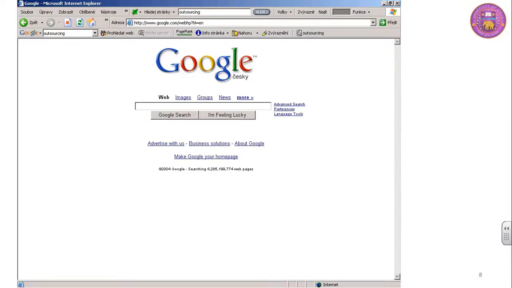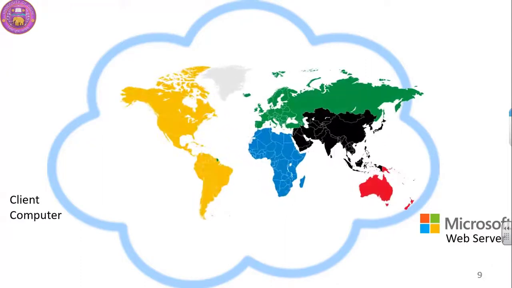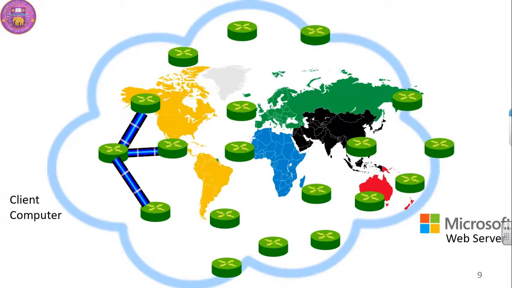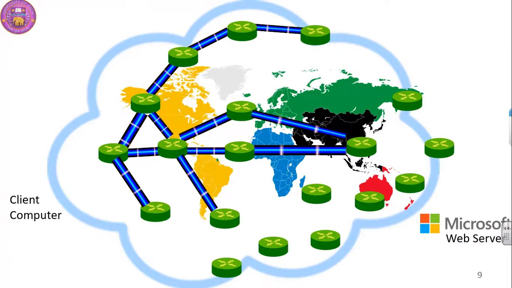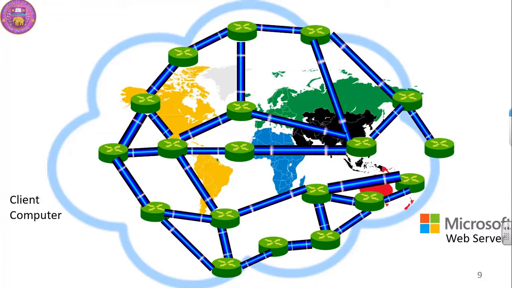The moment we open the Google home page and we write the address of a particular website, it is something like this. All these routers are connected and they are useful to send information from one place to another place.